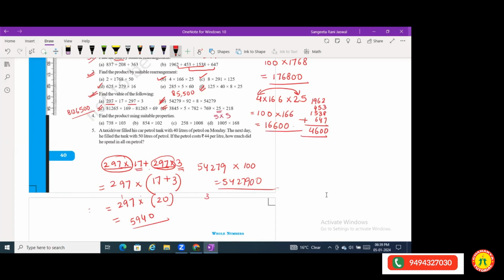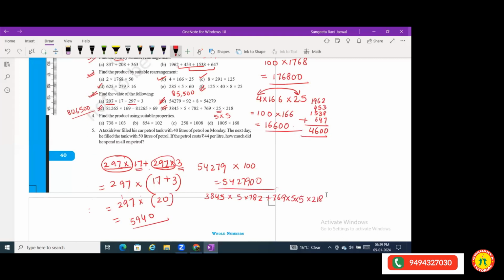Can I write this like this? Okay, look here what I'm doing. 3,845 into 5 into 782 plus 769 into 25, which can be written as 5 into 5, then multiplied by 218.